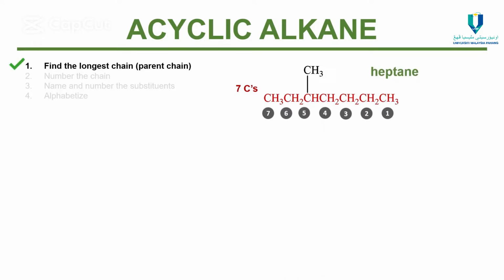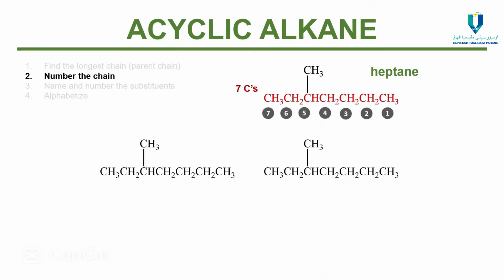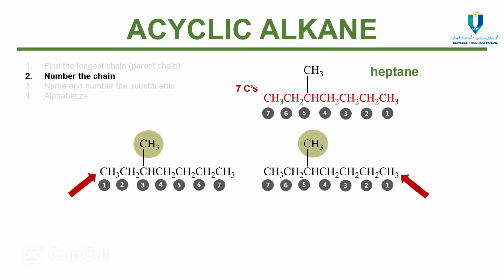Let's proceed with the second rule, which is you have to number the chain. Okay, so to number the chain, we have 2 options. Either you want to number from right hand side or left hand side. So which numbering system is correct? The first thing that you have to do is you have to identify the nearest substituent from carbon number 1.